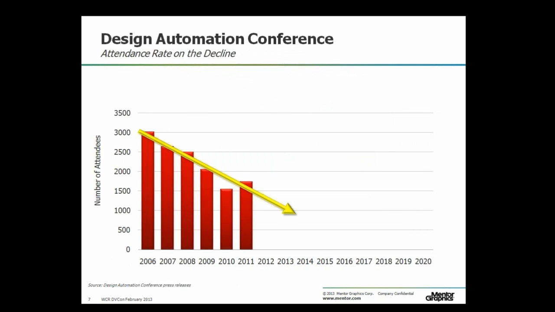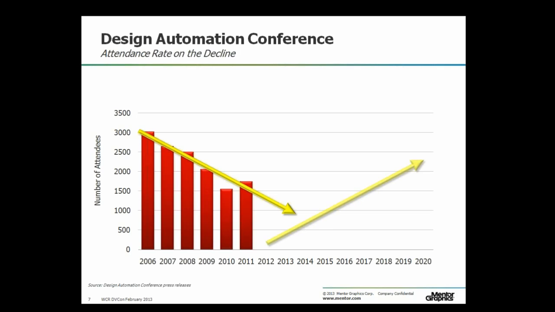Now, this is the one slide that I'll show you that does not come from the survey data. This comes from a different piece of data, which is the Design Automation Conference press releases, and this shows, once again, relative trends of design versus verification. What you can see here is that over the past several years, attendance at the Design Automation Conference has been declining.